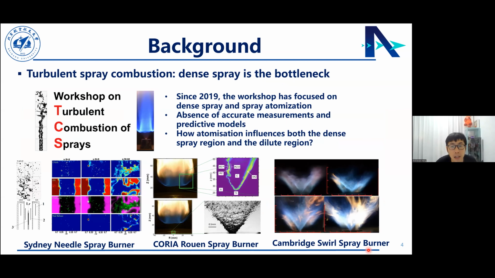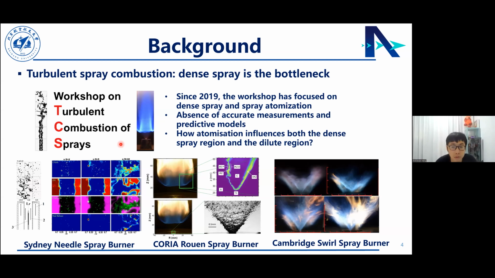And due to the absence of accurate measurements and predictive models, the workshop now focuses on the key scientific questions about how atomization influences both the dense spray region and the dilute regions.